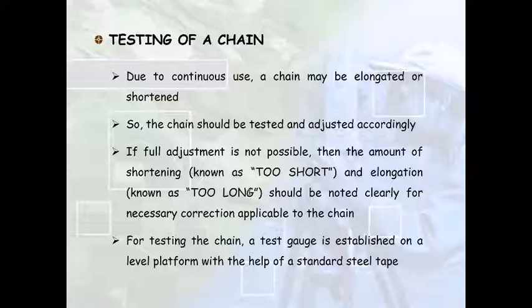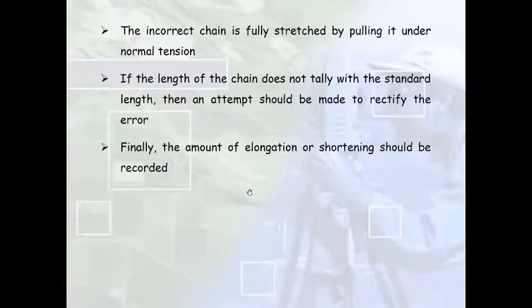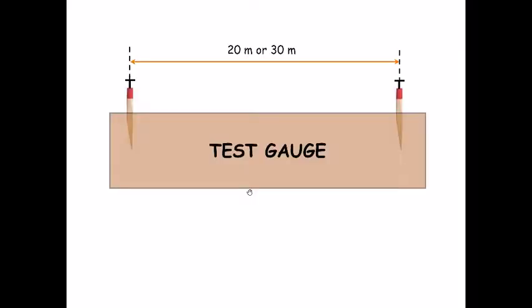So first we need to see if our measuring tape is working correctly, is in the right condition. For that, the method is that you use a test gauge. That means you install two pegs in the ground, and the distance is known to be 20 meters or 30 meters, whatever you want to keep it. Then you place your measuring tape at zero over here, and then you measure this distance.